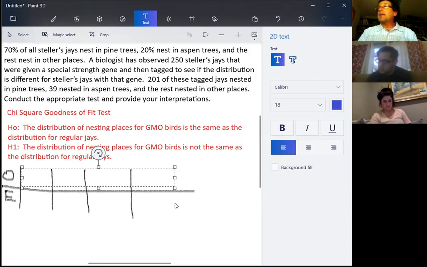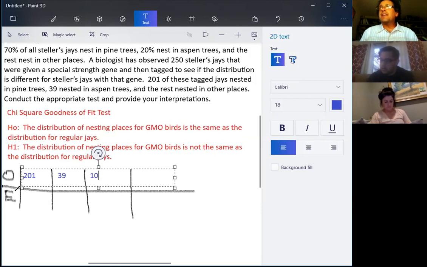How many in pine? We had 201. And then we had aspen trees, that was 39. How do I get the other? I had 250 total, and I'm already up to 240, so there's 10 left. Any questions on that?